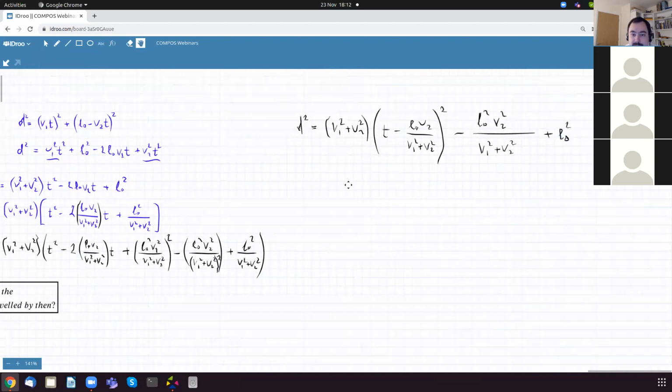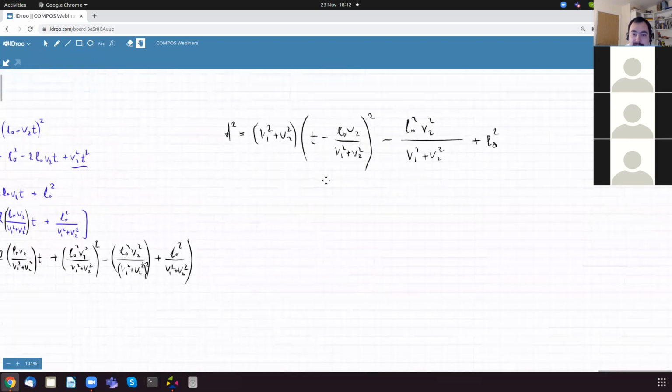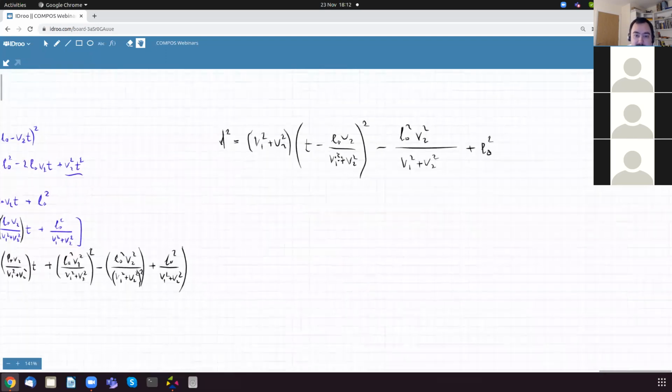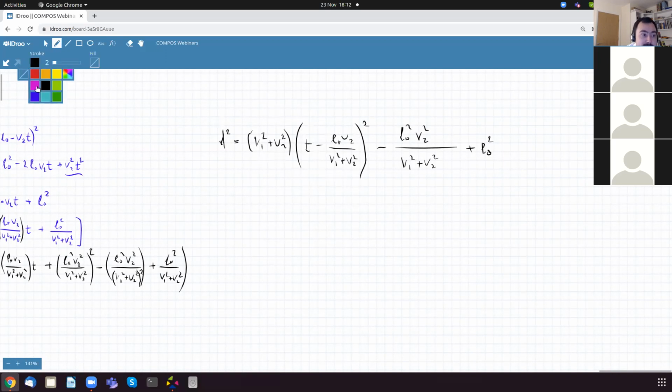Now, the beautiful thing about this quadratic is that it is a minimum when this term is 0. So it's a parabola, and you need to find the minimum point. And the minimum point is when this is 0, because it is a square term. It cannot be negative, so it is greater or equal to 0. So the lowest value is 0.